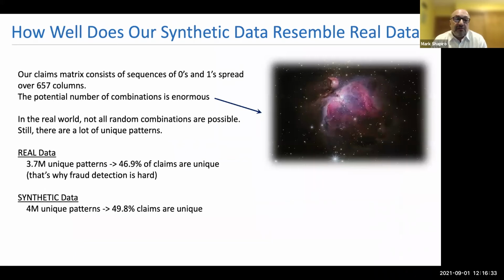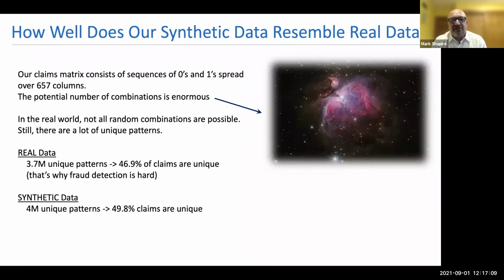And so the question is, how well does our synthetic data resemble real data? We looked at patterns, because in the end patterns capture interdependencies between the different elements, and patterns determine not the statistics but the semantics of the synthetic data set. Does it generate clinically plausible claims? One surprise was that out of about 4 million claims, half of them had unique patterns.